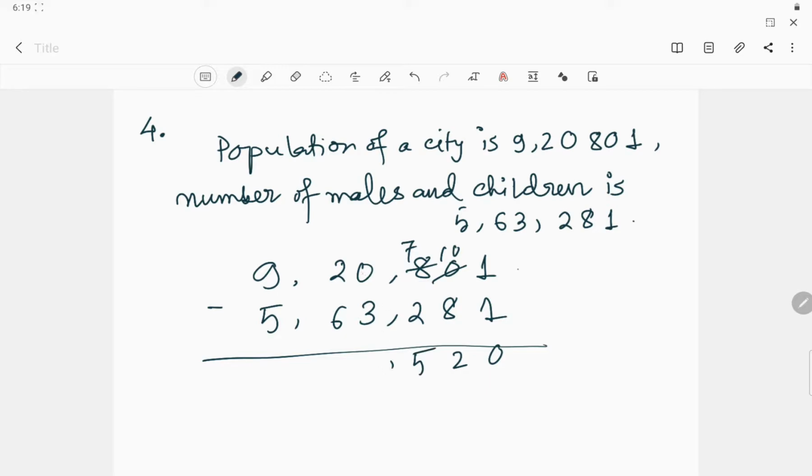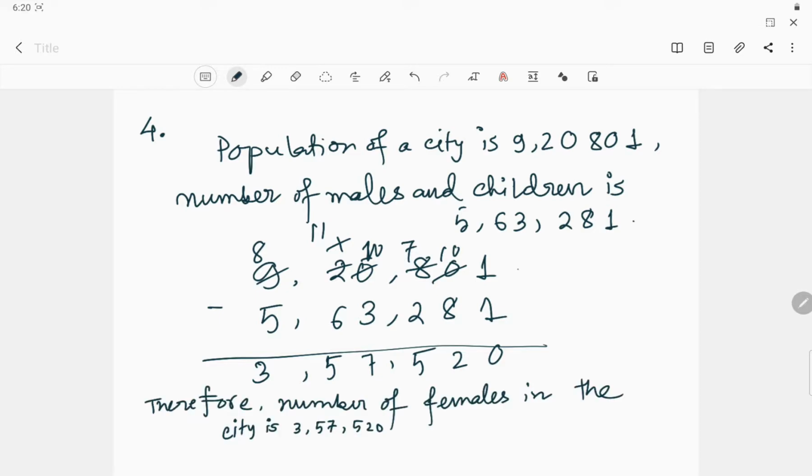Again it will be 10 and it will be 1, and 10 minus 3 is 7. 1 is less than 6, so it will be 11 and it will be 8. 11 minus 6 is 5, and 8 minus 5 is 3. So the answer will be 3,57,520. Therefore the number of females in the city is 3,57,520.